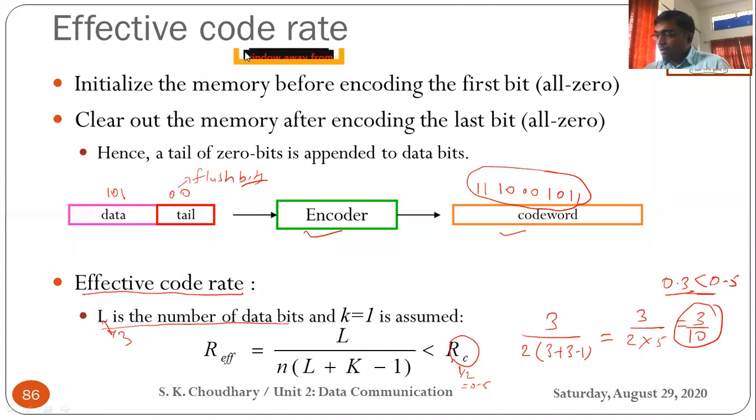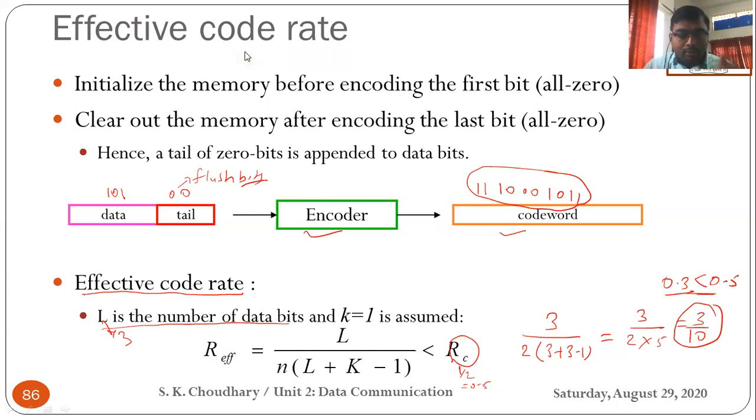I hope all of you have understood this process of convolutional encoding. If anyone has any doubt, please ask me. Otherwise, we will see the next topic, that is the same encoder.